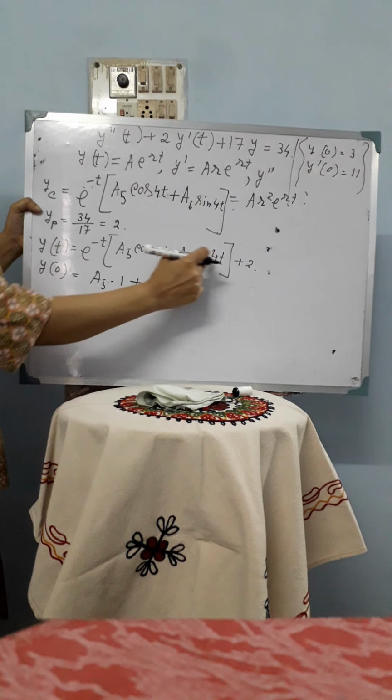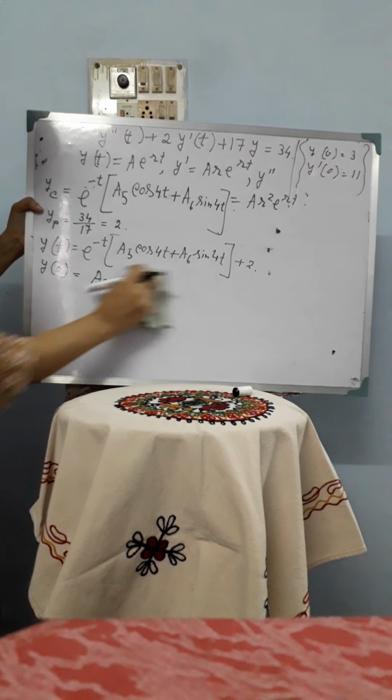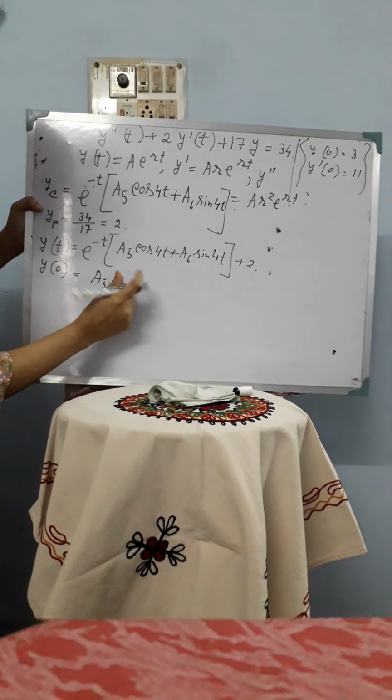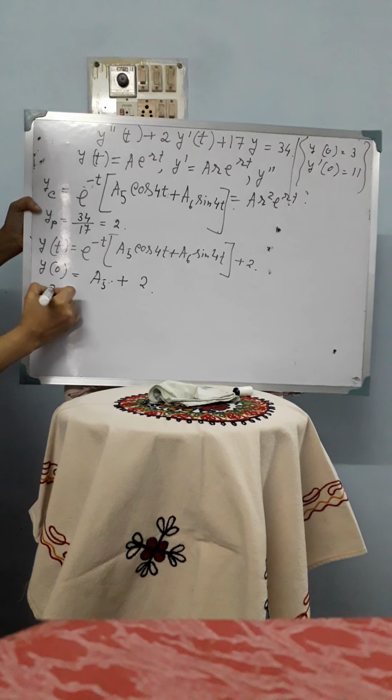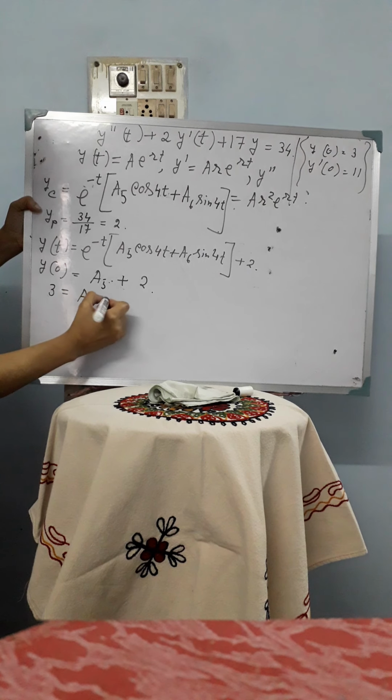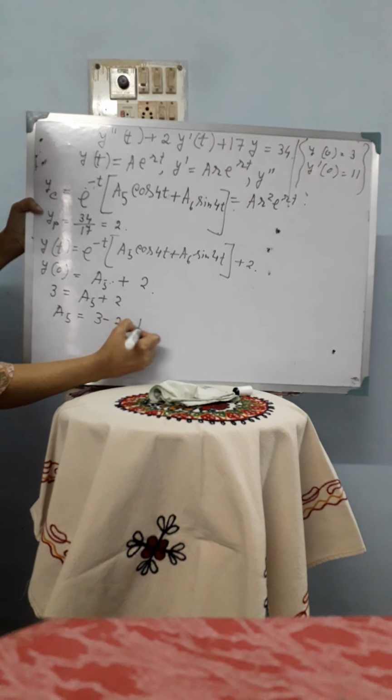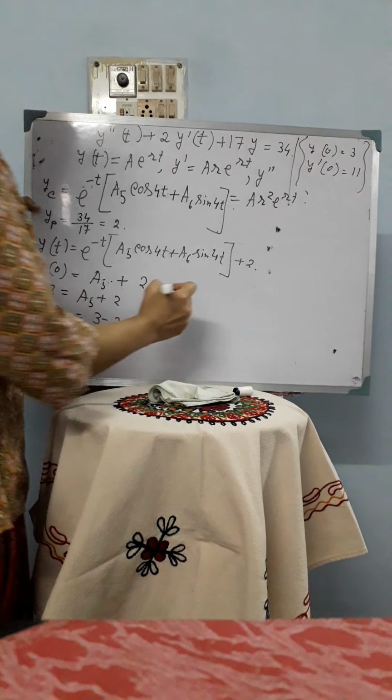What is the value of sin 0? Sin 0 is 0, so this term will vanish. So we will get a5 into 1, so a5 plus 2. Now what is the value of y0? It is 3. So 3 is equal to a5 plus 2, so a5 is equal to 3 minus 2, that is equal to 1.